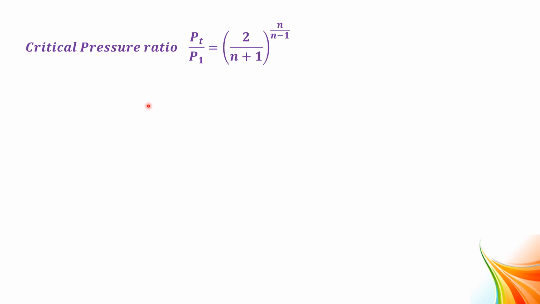Now we have to find out the throat pressure. For calculating the throat pressure, we have to use the critical pressure ratio equation. So critical pressure ratio Pt by P1 is equal to (2 by n plus 1) the whole power n by n minus 1. So here at the initial condition the steam is in superheated, therefore n equal to 1.3.